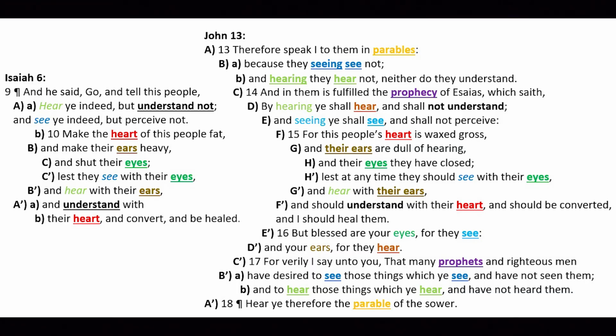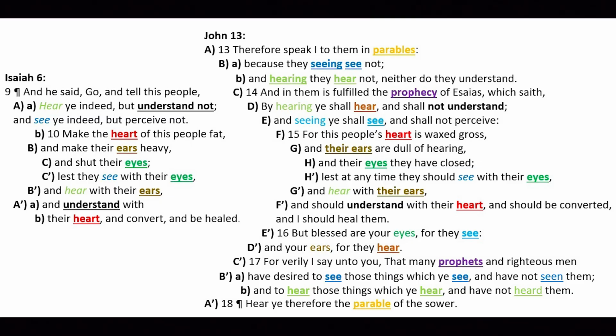And up above, and hearing they hear not, down below, and to hear those things which ye hear and have not heard them. I just noticed I didn't mark heard them, but it's the same concept. Down below, he's expanding the parallel up above. Seeing occurs twice, hearing occurs twice up above, but then down below, when he repeats those two things twice, he expands on those concepts again.